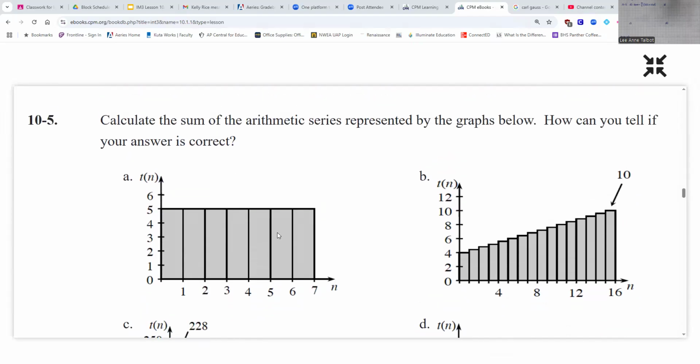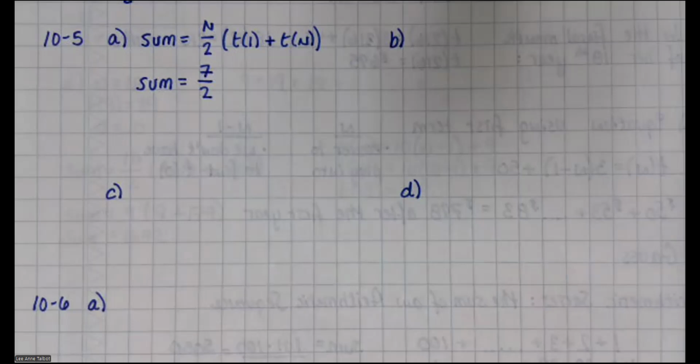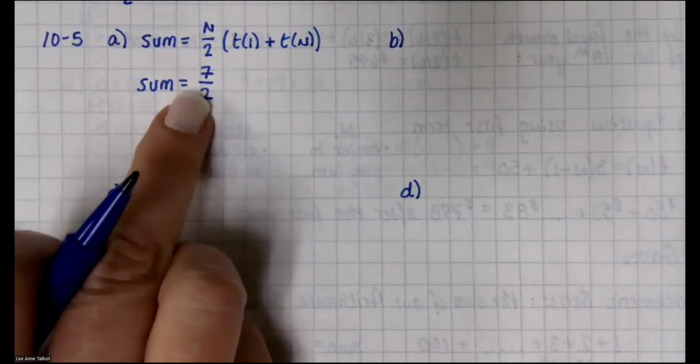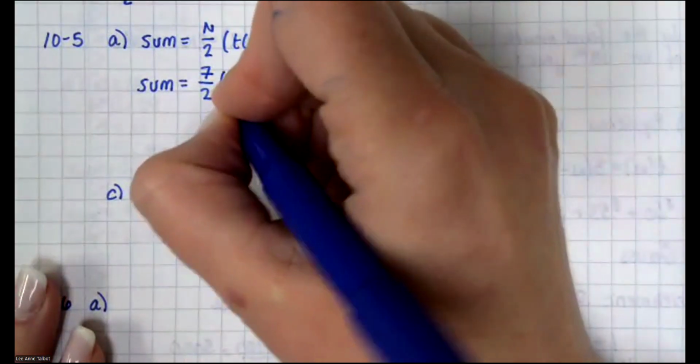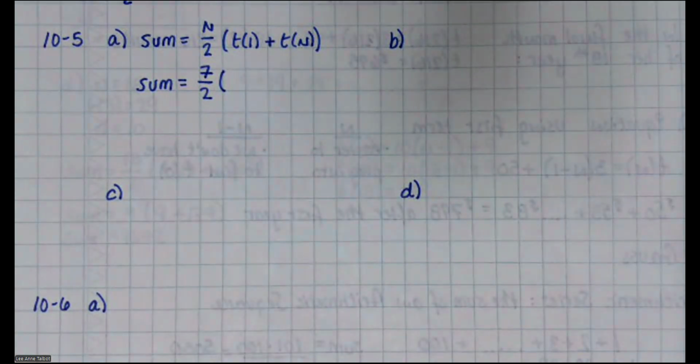Okay. Take a look at the picture for A. How many bars are there? 7. Okay. So you guys write sum equals 7 over 2. So there's 7 bars, 7 over 2. Okay.